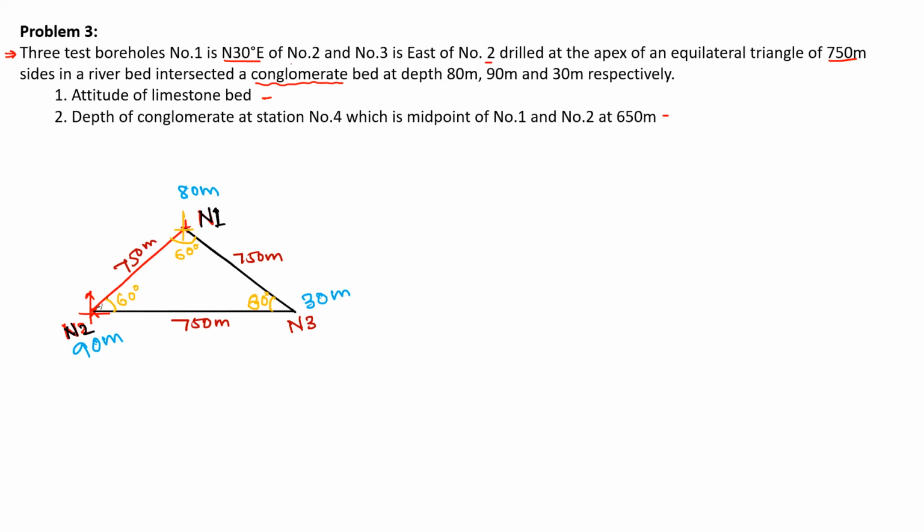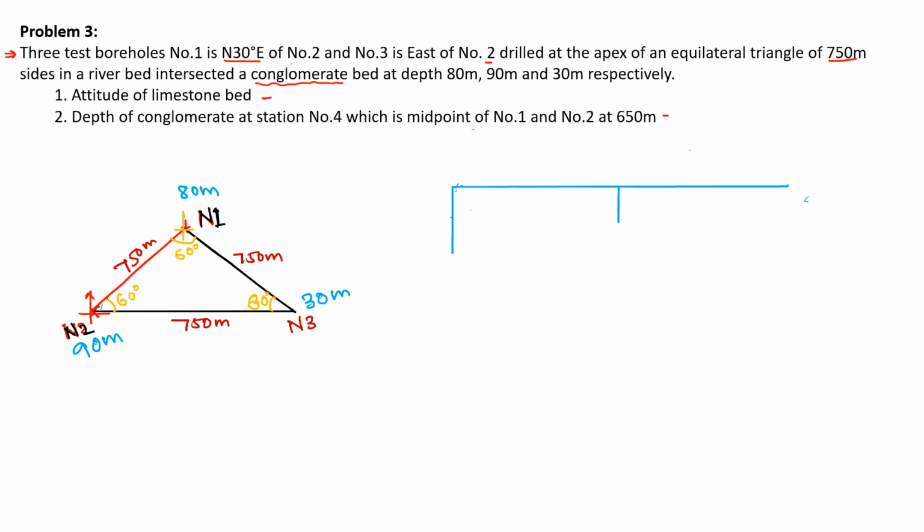Now we'll plot the depth diagram here. We have the middle line, the shortest line here, and the larger line at this corner.